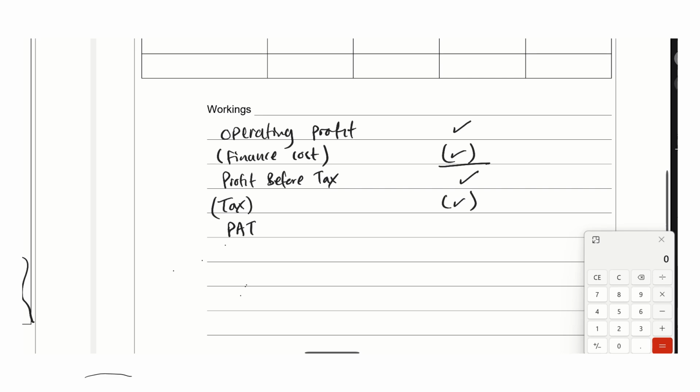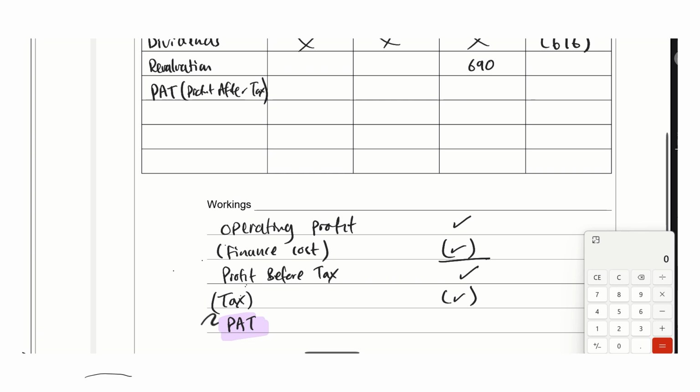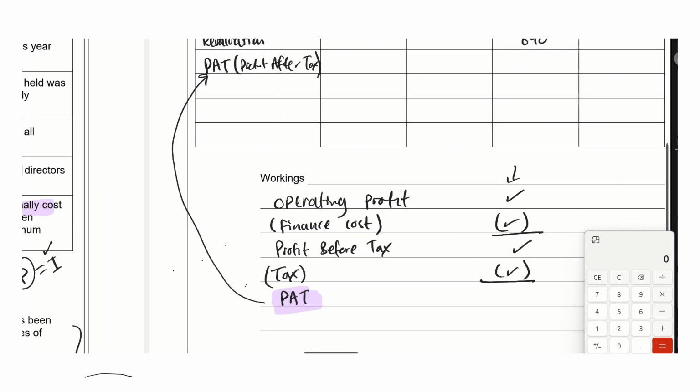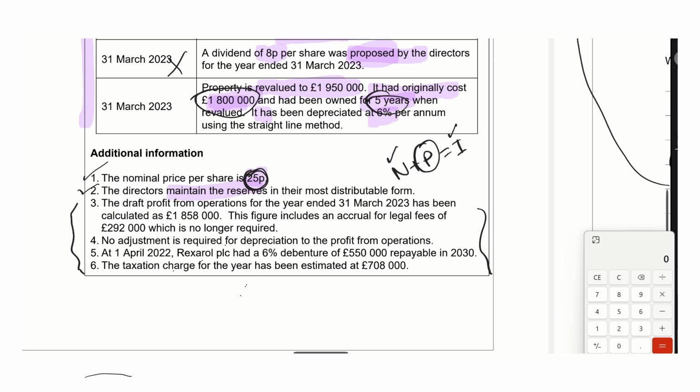So obviously the key bit here is to work out PAT, profit after tax, and this is the information that needs to go into your statement of changes in equity. So let's have a look at what information we have, what information we can calculate perhaps, to see if we can put all these numbers here. Now, do we have any information about operating profit? Well, yes, it says the draft profit from operations for the year ending 31st of March has been calculated as 1,858,000.